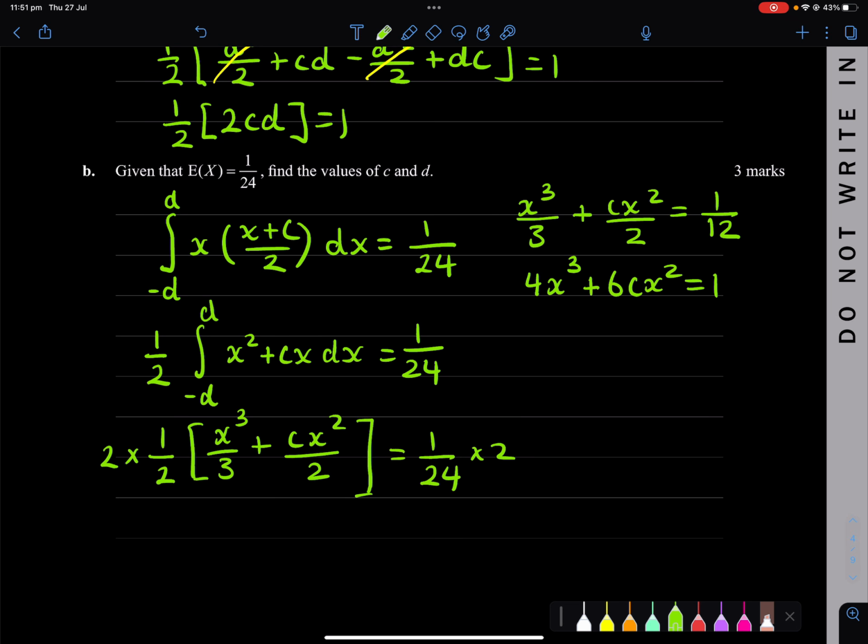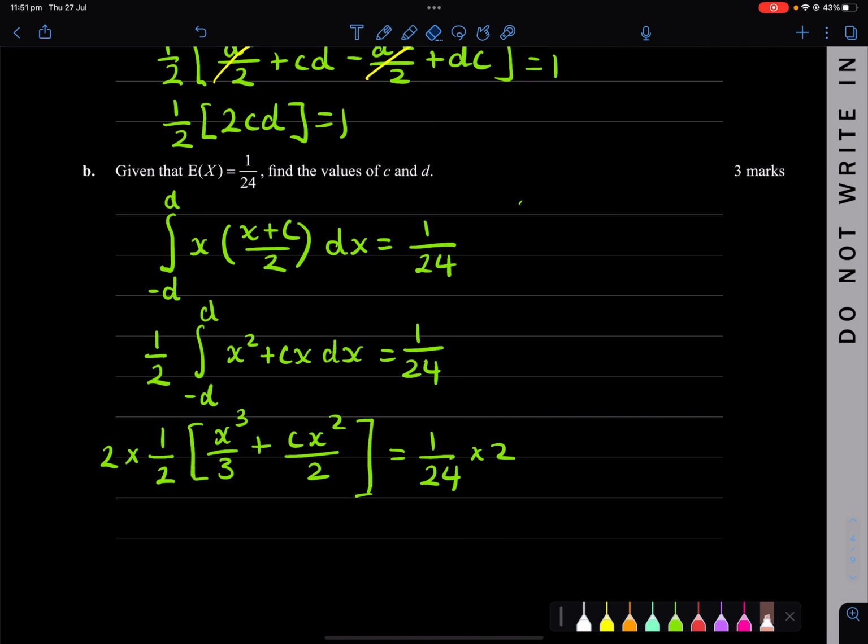Okay, so 12. So looks right. Now, what am I going to do? To calculate the value of C, what am I going to do? Okay, look, I'm very confused. Let me just rub this off for a fact. And I won't multiply both sides by 2. Let me just keep it, and let's see what happens.